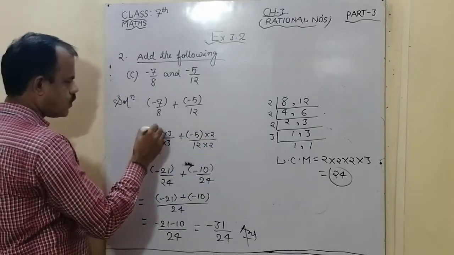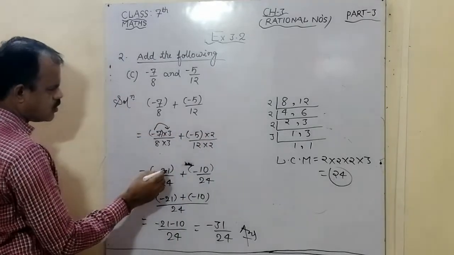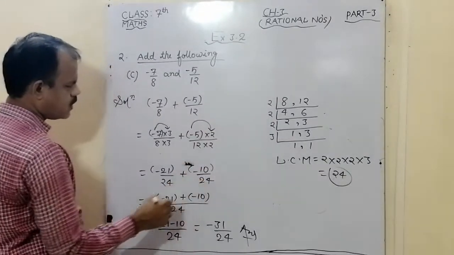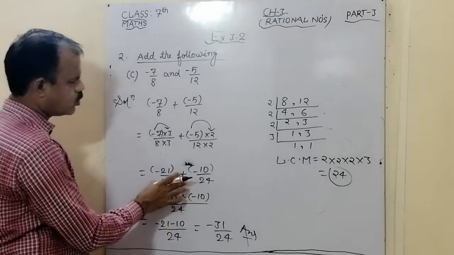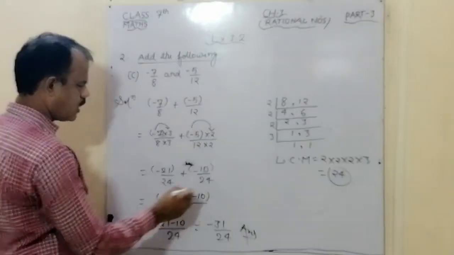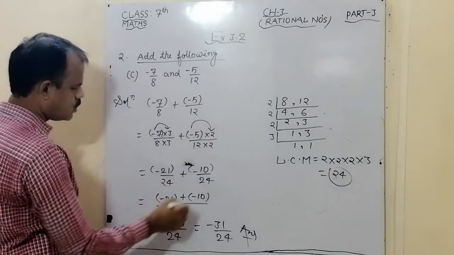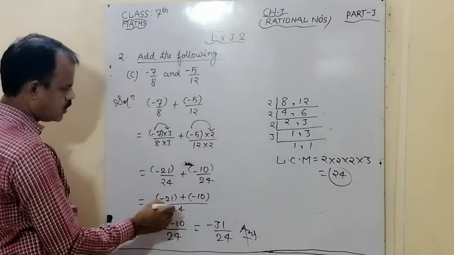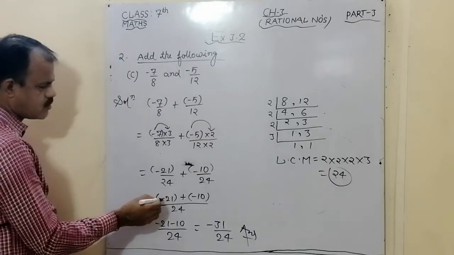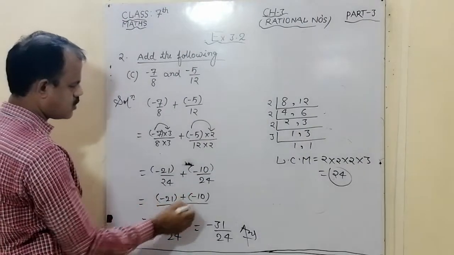Now minus 7 into 3 is minus 21 by 24, and minus 5 into 2 is minus 10 by 24. Now both the fractions are like fractions. Now take the LCM of the denominator, 24, and write the numerators: minus 21 plus minus 10.